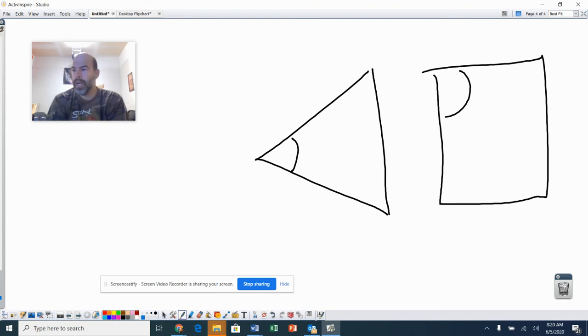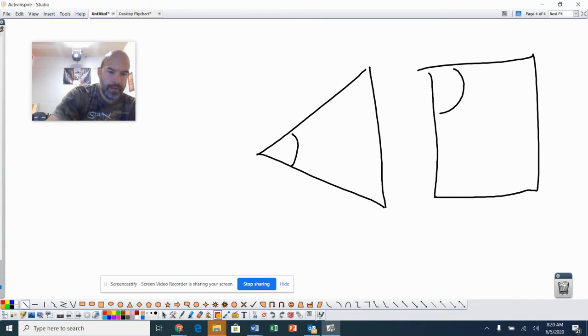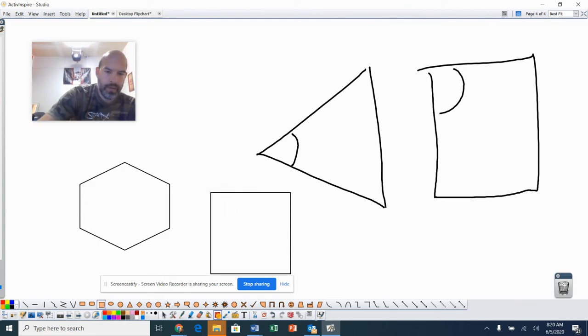Now, if you want to look around a little bit in your house, go ahead and do that. See if you can find similarities to those. Now, what about if we look at a hexagon, or we look at a square, and we have the triangle.